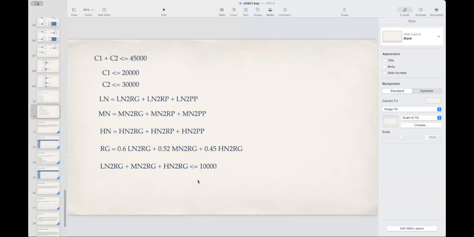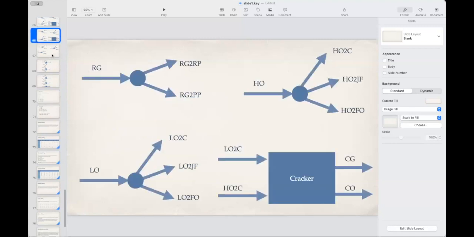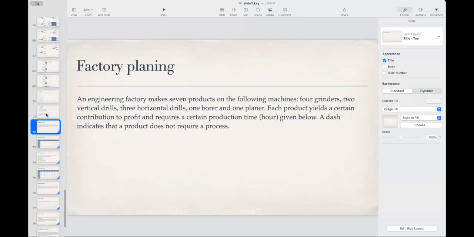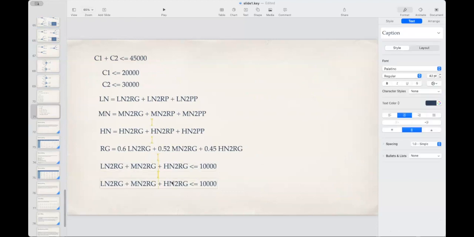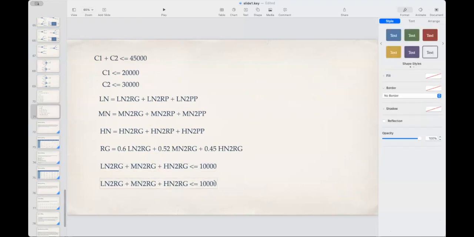Okay, so we move to the next one. Rg must be equal to this: Rg to Rp plus Rg to Pp. Rg must be equal to Rg to Rp plus Rg to Pp.